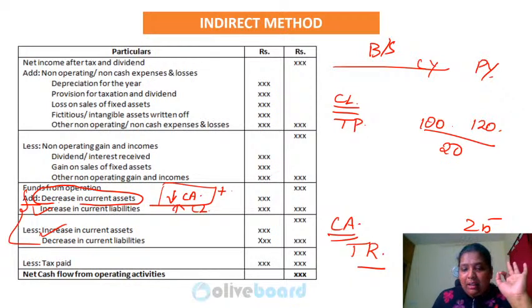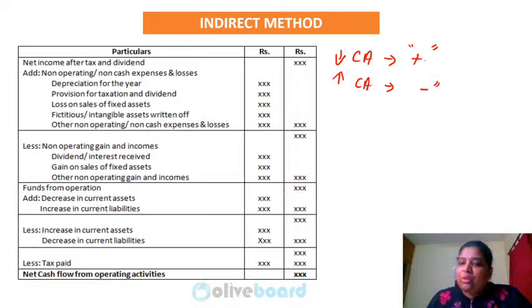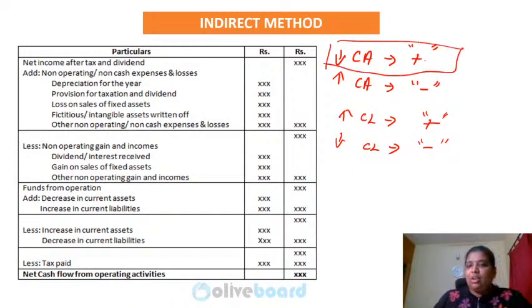Then an increase in current asset is reduced. The opposite: an increase in current liability is added, and a decrease in current liability is reduced. If you remember one string, you can remember everything. I hope you now understand the trick of remembering it.